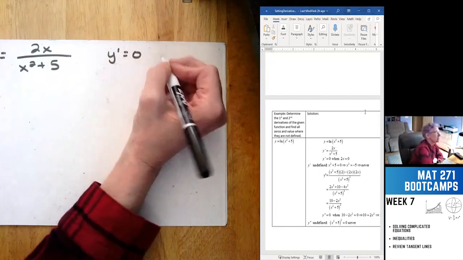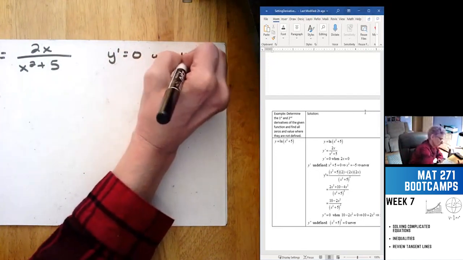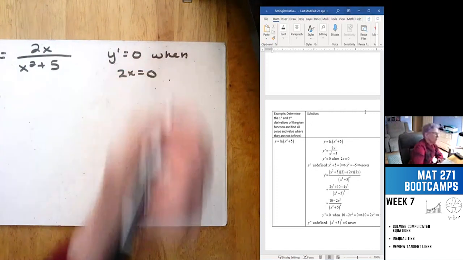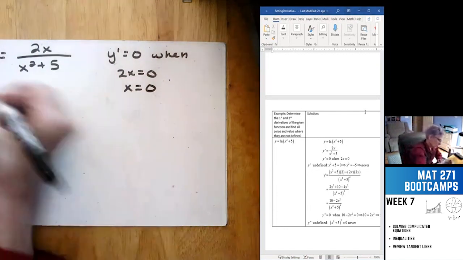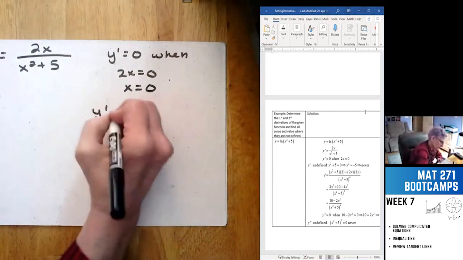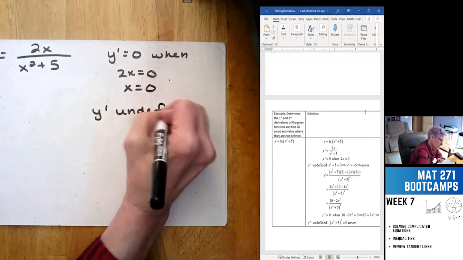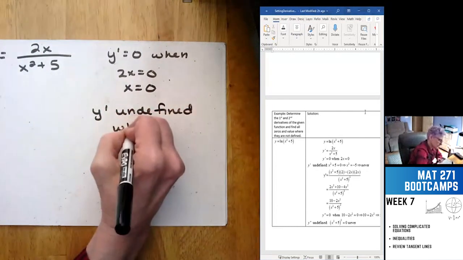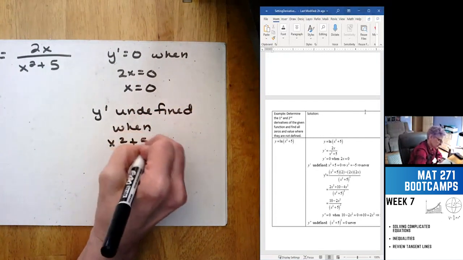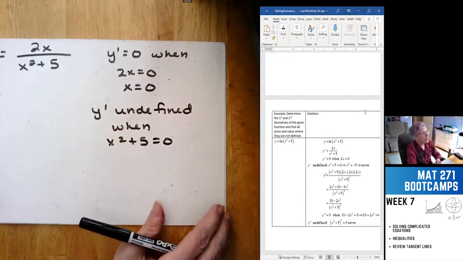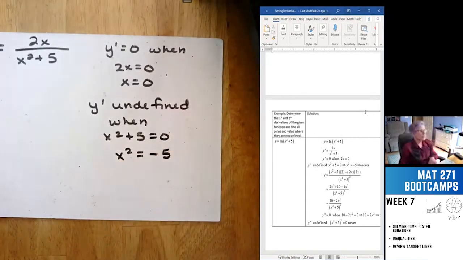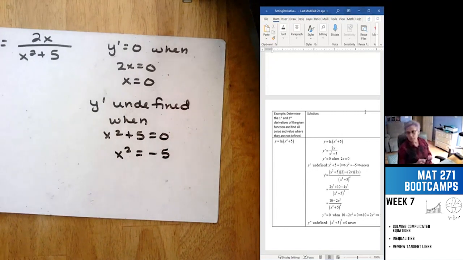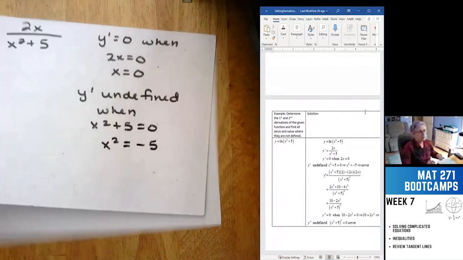Y prime is equal to 0 when 2x is equal to 0, so when x is equal to 0. It's undefined when the denominator equals 0. And that will never ever happen, not in the real world, because that would require x squared to be equal to -5, and that's not going to happen unless we invite imaginary numbers to the party, and they are not invited to our party.